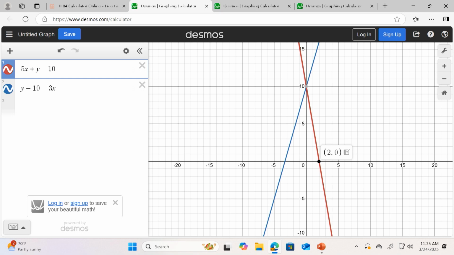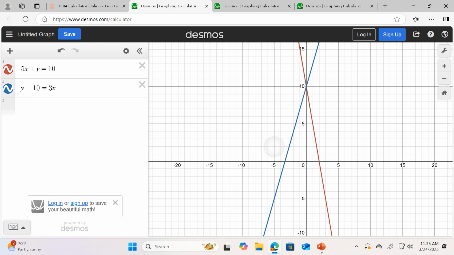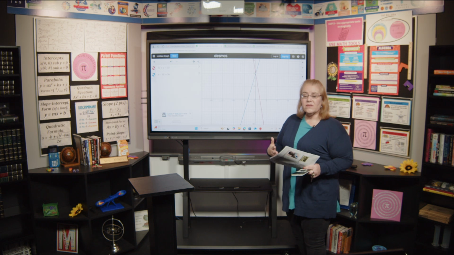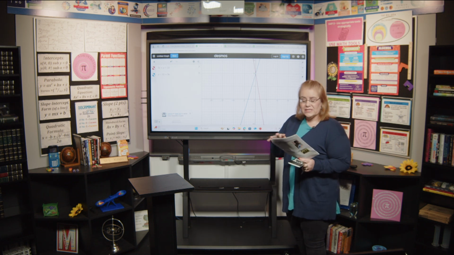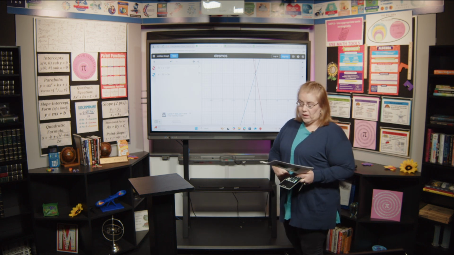So I'm going to go over to negative 5 and up 2, which is about right here. And it's not hitting either one of my graphs. So it would not be any type of solution or any type of number for anything that would deal with this system. So I would say it lies on neither equation.